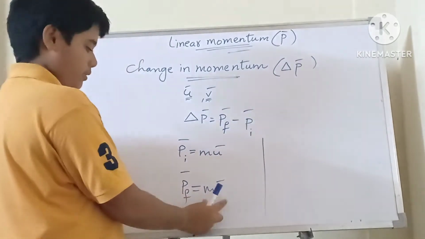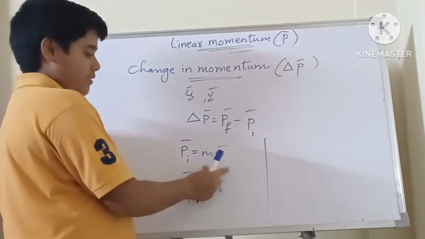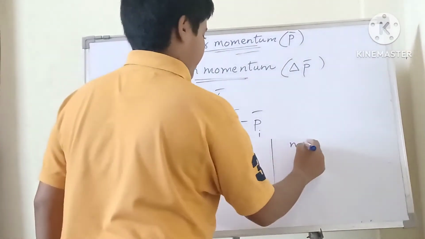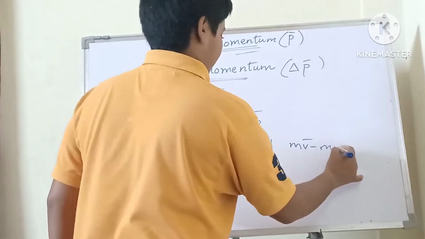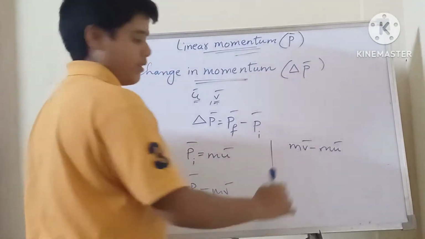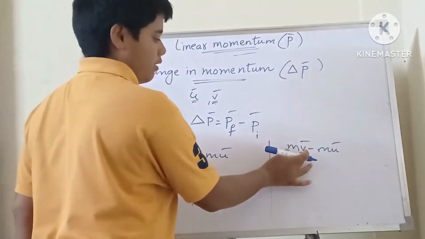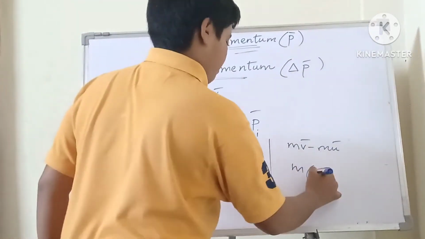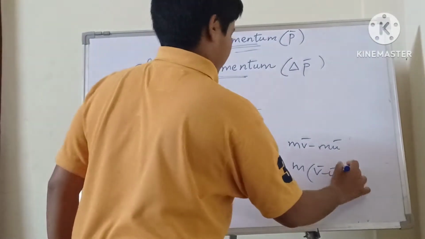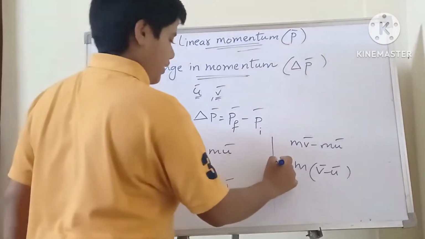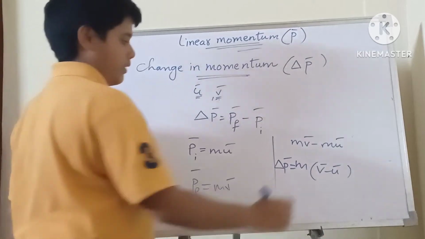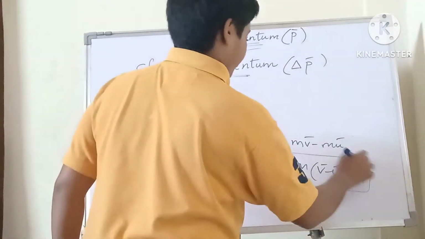We have to subtract, so m v bar minus m u bar. Taking mass common, m times v bar minus u bar. This is delta P.